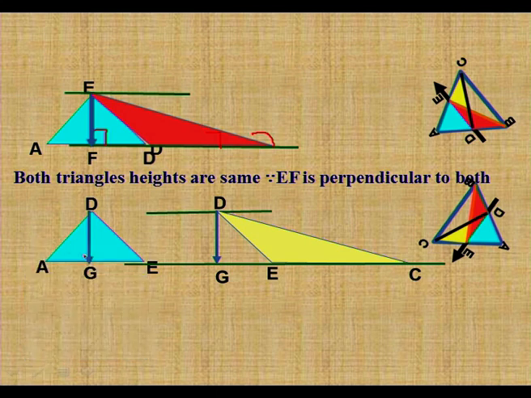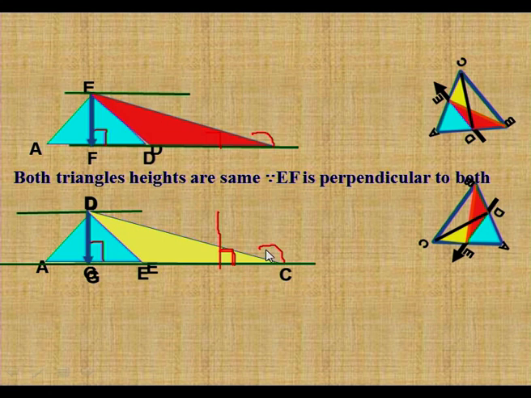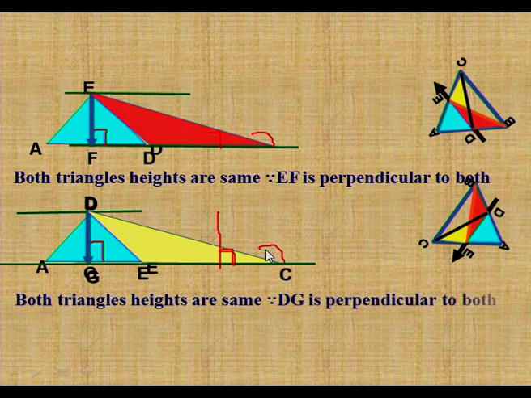I draw this height to this triangle AED, and this is also an exterior angle triangle. The height lies outside, and this is a line drawn perpendicular to this triangle. See, if I bring them together, their heights coincide. Here also, both triangle sides are the same, DG perpendicular to both the triangles.